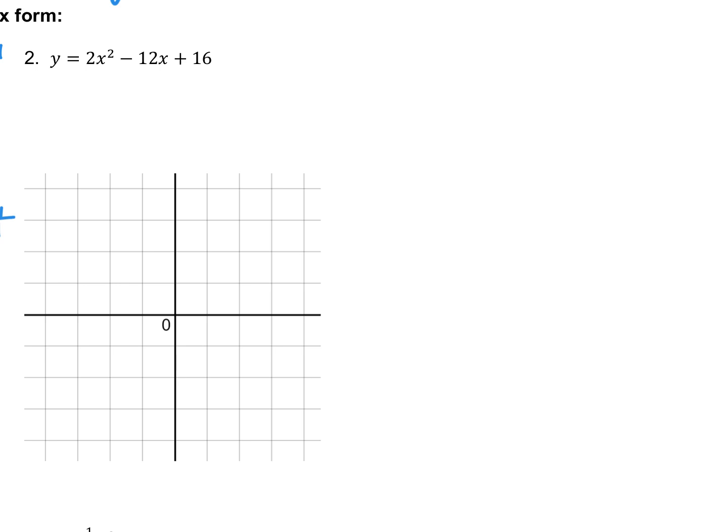Because I need to have that y equals a parentheses, it's not there, x minus h squared plus k. I need this a value, which is this 2. So I can't get rid of it. So we're going to do something a little different. But like I said, it's still a very solid way of completing the square.